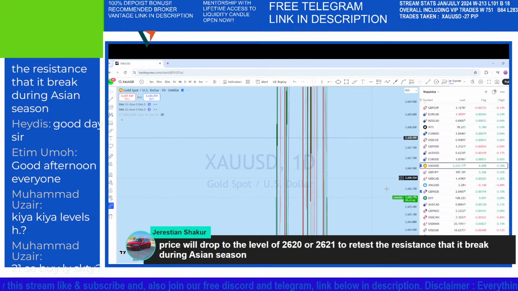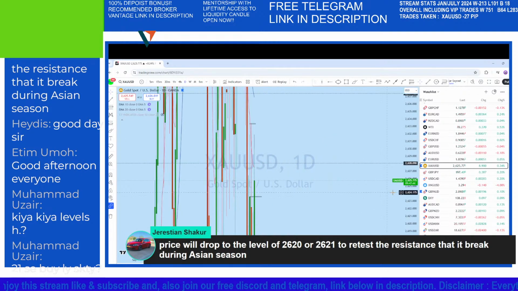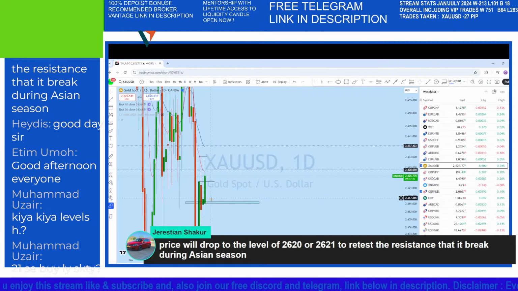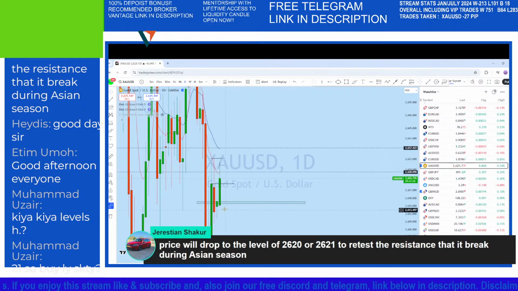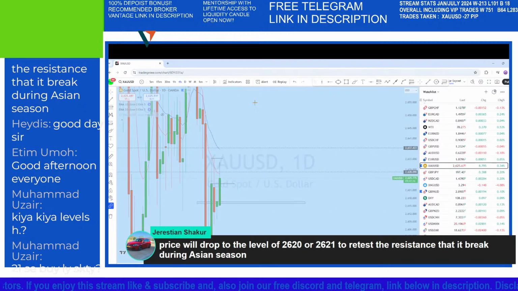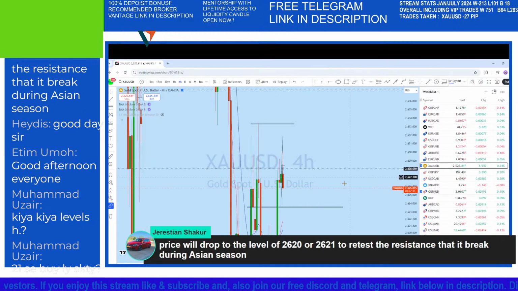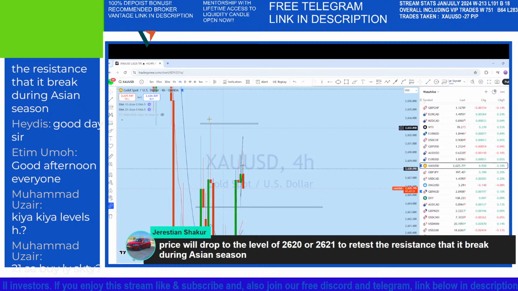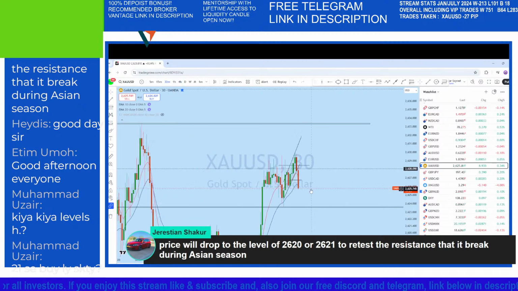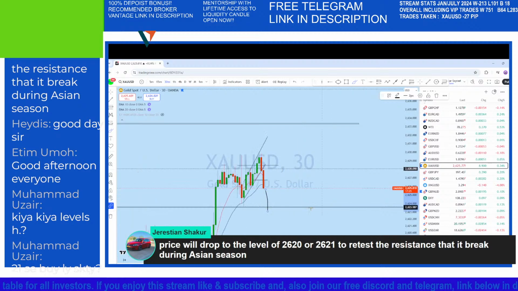And looking at the daily, we can see that it's coming well below. If the market manages to drop back below this gap open, that's going to be a big opportunity, most likely coming below this level. Because if the price manages to break this support, that's where we might find another potential bounce.